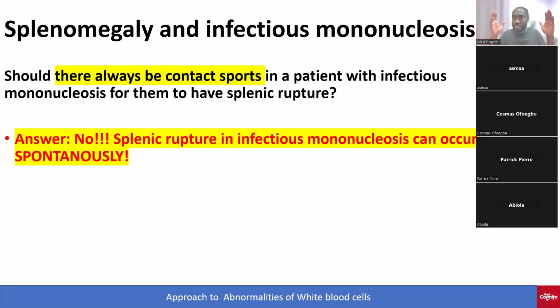So you should not be tricked. You go, oh, but I did not see any clue of contact sports. No. It should not always be contact sports which lead to splenic rupture. It can occur spontaneously.